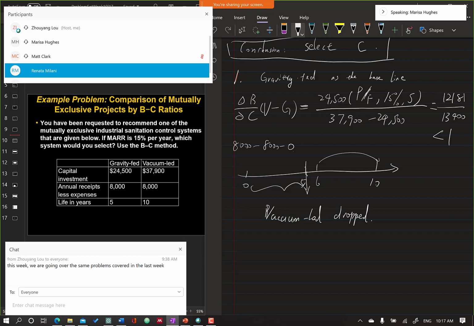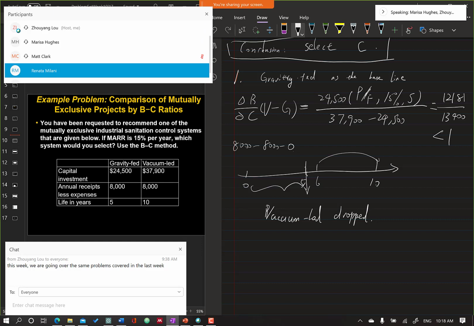Okay, and then why would you not multiply the $8,000 annual receipts less expenses and include some form of the $16,000, since your life is being multiplied by 2 and you consider that second capital investment? Why do you neglect doubling the annual receipts and expenses?